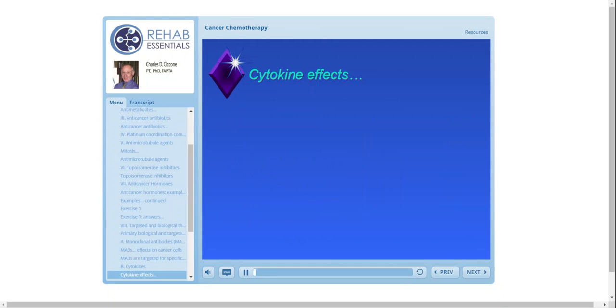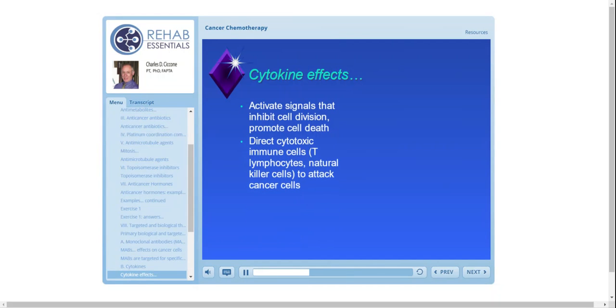What do the cytokines do? How do they affect the cancer? A lot of times they serve as a messenger. They activate signals that inhibit cell division or actually promote that programmed cell death we talked about a few minutes ago.